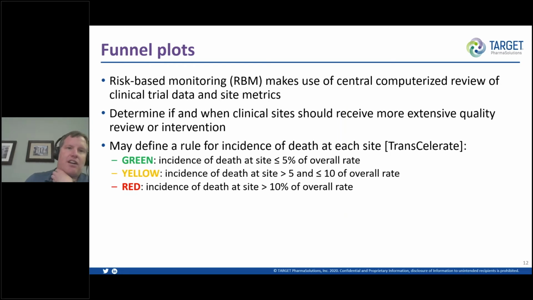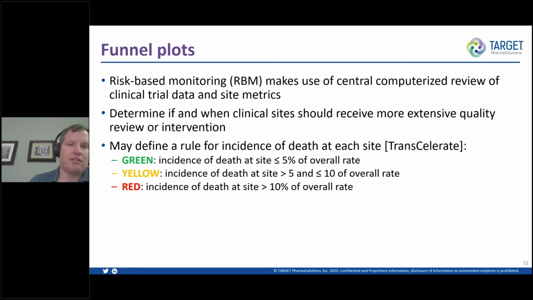Funnel plots are also a pretty straightforward way of identifying outliers, and also considering the sample size of the site that we're talking about. And typically, when we talk about thresholds in some of the older TransCelerate guidelines, the thresholds were based on a clinically meaningful difference for a particular site compared to other sites within the trial.